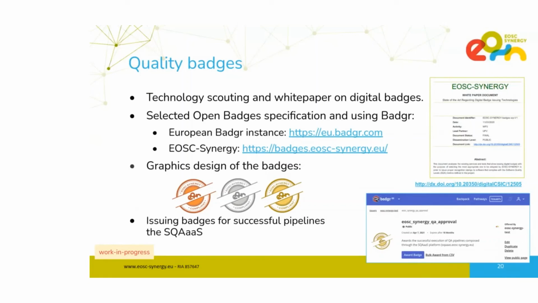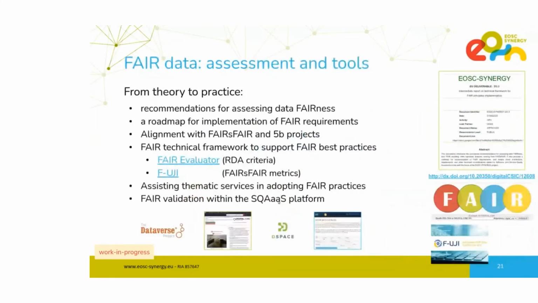And yeah, depending on how many quality criteria are satisfied, you can have either a bronze or silver or gold badge. And then concerning the data, we also assessed what is available for FAIRness of the data and what tools can be used. And this is now currently being implemented into the platform as well.